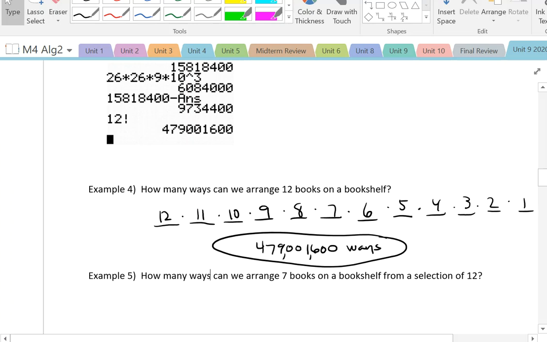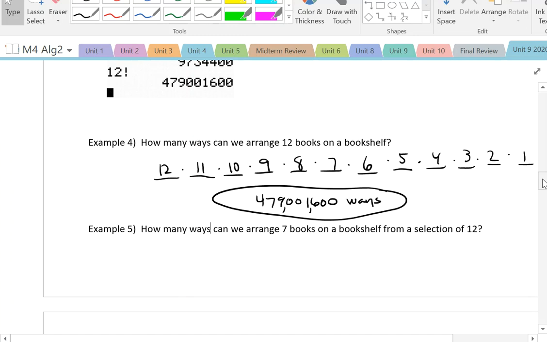Well, this is our first book, second, third, fourth, fifth, sixth, seventh. So I have 12 choices for the first book, 11 choices for the next book, 10, 9, 8, 7, 6.